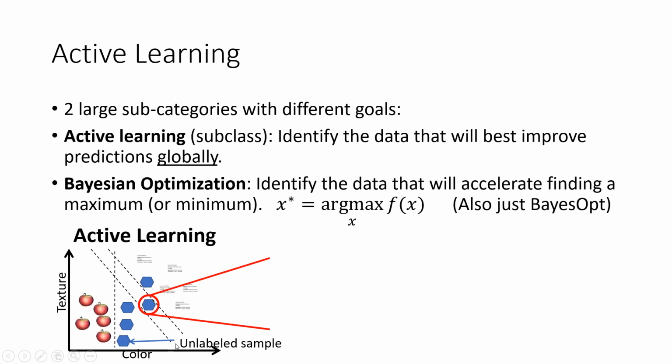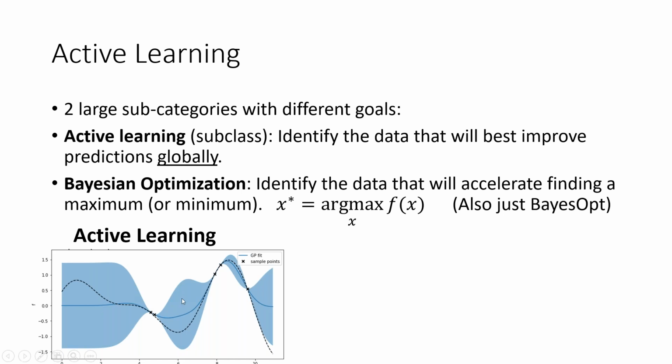So again, active learning here might tell us that this fruit is the one that we might want to identify. In the case of a Gaussian process, where we previously were looking, we just heard a lot about Gaussian processes. Here, let's say we have 5 data points, and these data points are generated from this underlying function, the dashed black line.